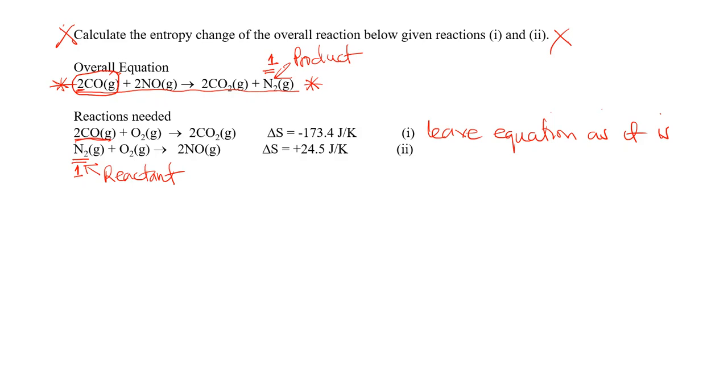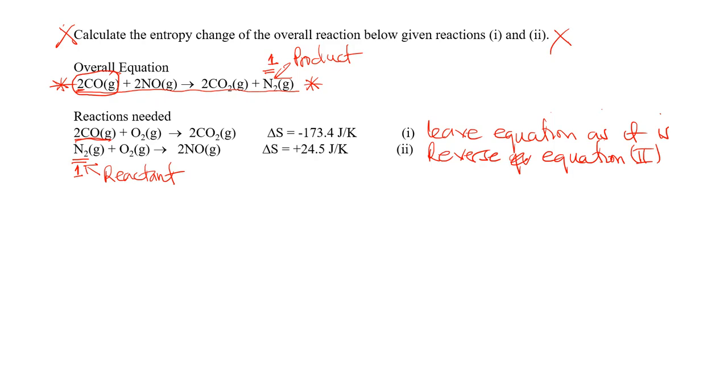So for equation 2 to be like the overall chemical equation, you have to reverse the whole equation. We have to make nitrogen molecule here a product, not reactant anymore. So what I'll do is I will reverse equation 2.